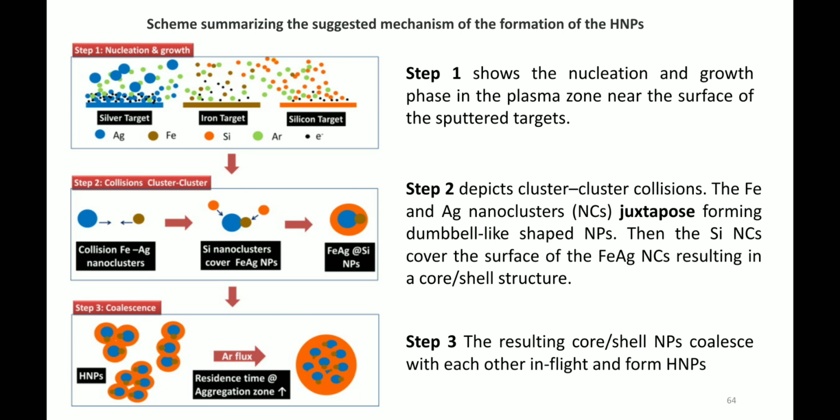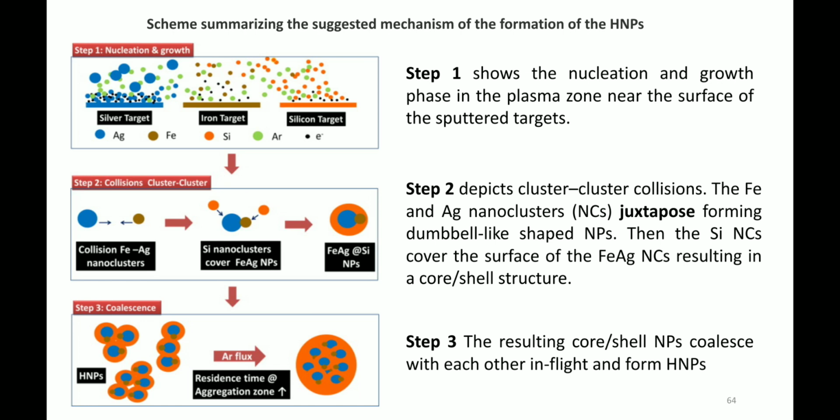In step 3 you can see there is a coalescence. Coalescence is a very common effect observed, even if the environment is liquid or even in the environment of gases, when there is a formation of nanoparticles. Because of this coalescence of hybrid nanoparticles, 2, 3, 4 of these core shells come together.